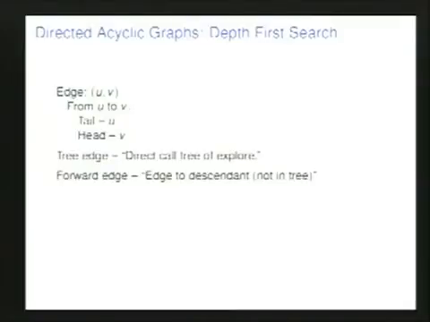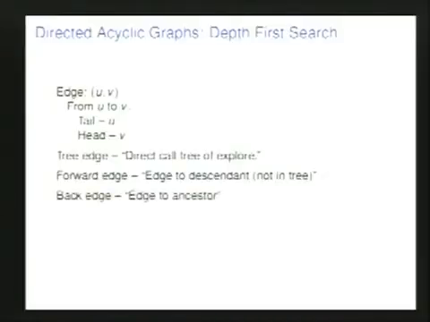If you think about depth first search as an algorithm, tree edge U to V is one where explore is called on V from U. That's what a tree edge is. It's your child. The tree edges are really your call tree of these explores. Your forward edges are, you called V and then you called W, and there's an edge from U all the way to W. That's a forward edge to one of your descendants.